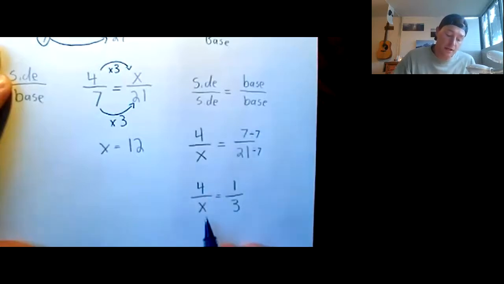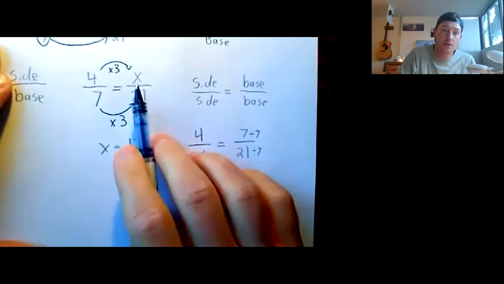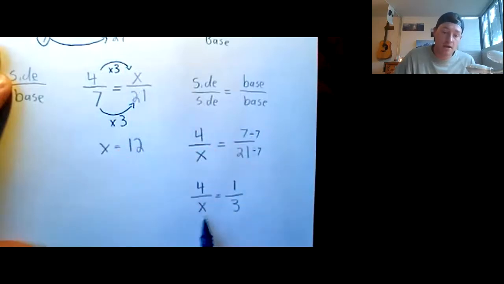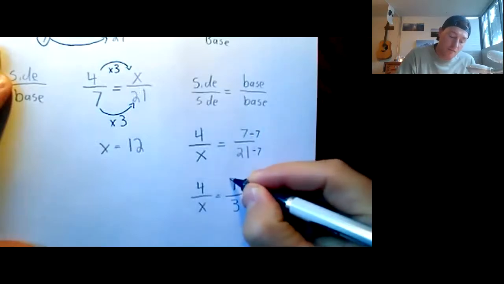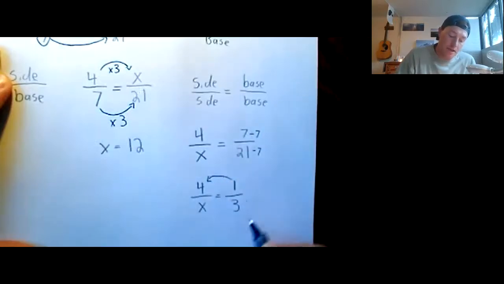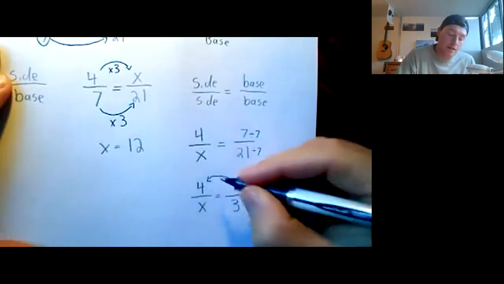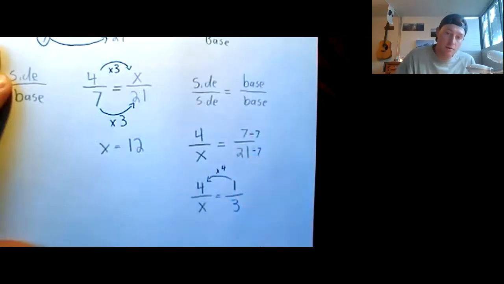And it's a little bit different because normally my x is over here on the right side, but now it's on the left. That's okay. I'm still looking for a relationship. I could divide 4 by 4 and get 1, but that's not going to help us down here. We don't know what we're going to divide this by. So instead, I'm going to reverse course, and I'm going to say, hey, what number can I multiply 1 by to get to 4? And that number is going to be 4.